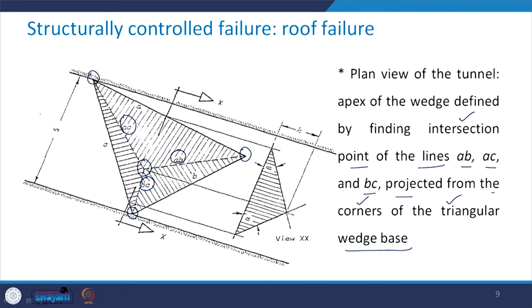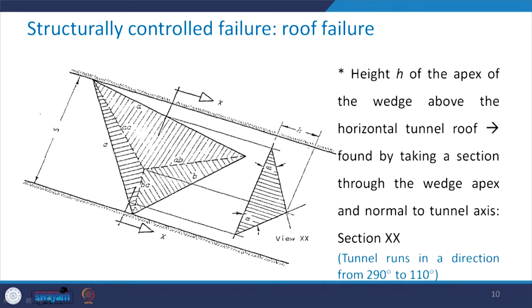Now, in order to obtain the volume and the height of this wedge, we need to get this dimension, which is small h, which has been given in this figure. Let us see how. Height h of the apex of the wedge above the horizontal tunnel roof.